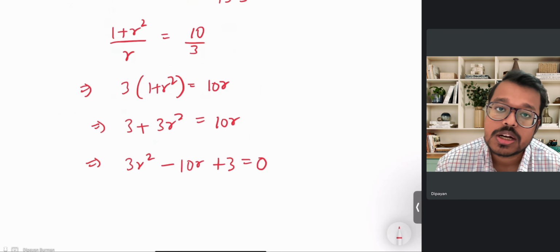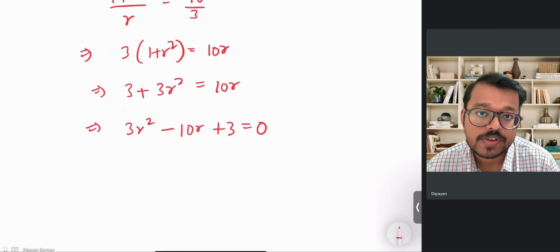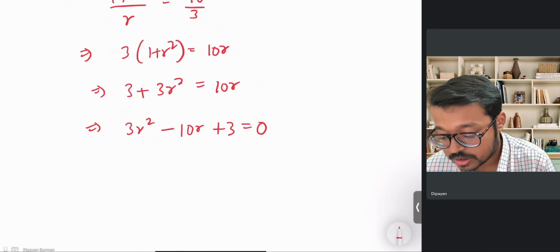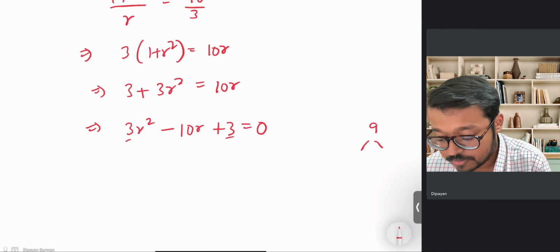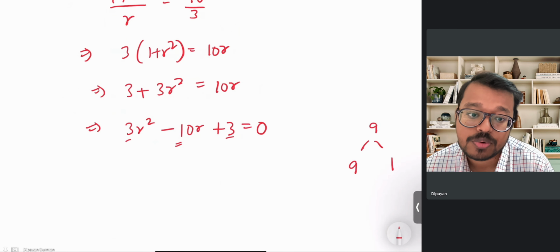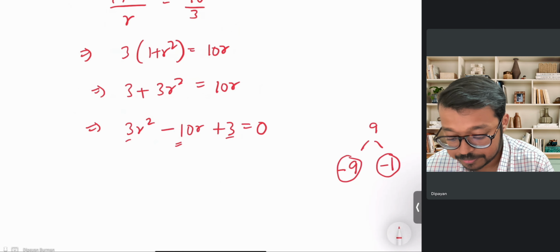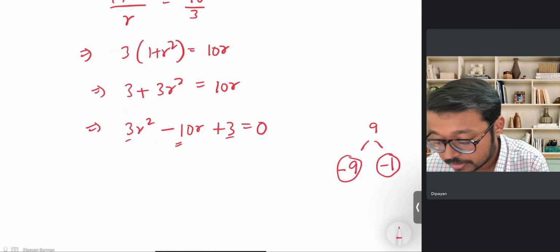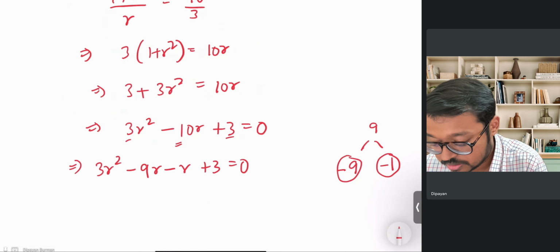So we get a quadratic equation in the variable R, and we can try to factorize it. For the product of numbers, I want 3 into 3, which is 9, and the sum we want is minus 10. I can take 9 and 1, but since the product is positive and the sum is negative, I take minus 9 and minus 1. That's how we split the middle term. So we have 3R square minus 9R minus R plus 3 equals 0.